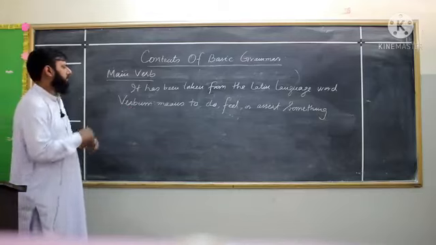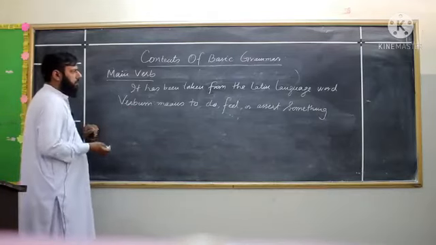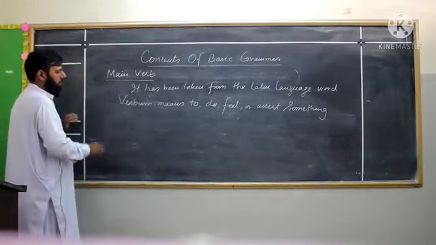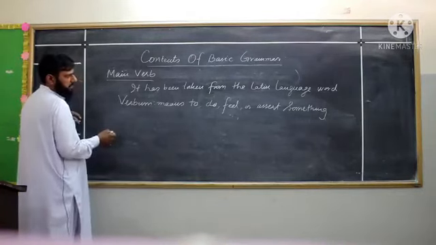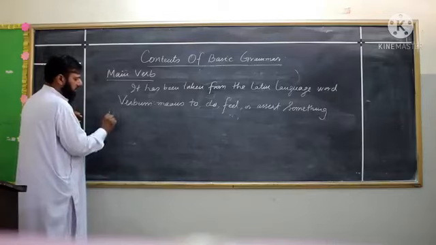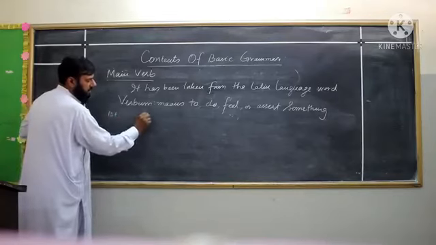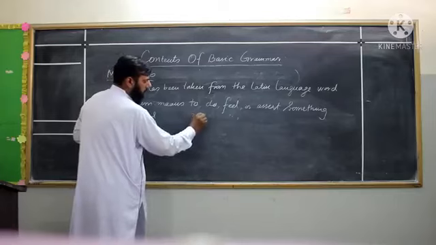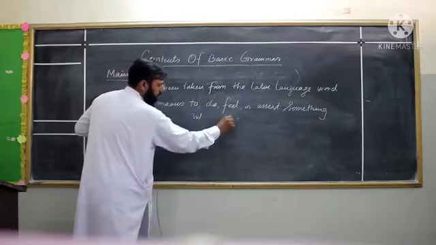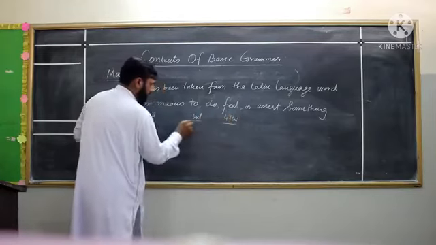After that, as far as the types of the main verb are concerned, right now we are going to learn about the forms of the verbs. These are very important: the first form, second form, third form, and fourth form of the verb.